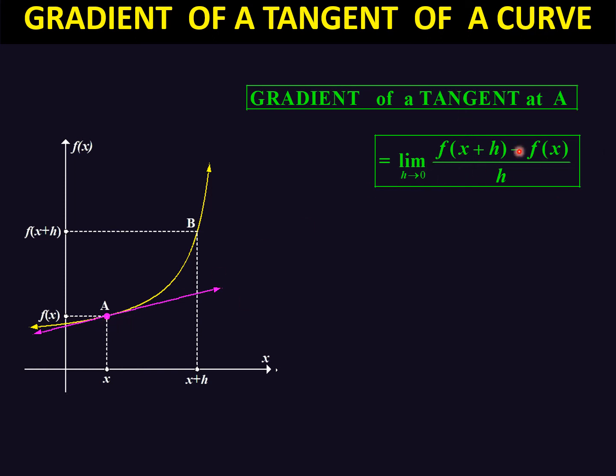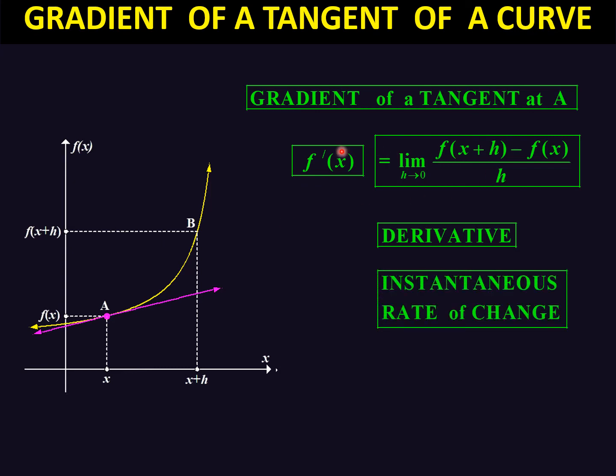Now for this expression, we have a notation that we can use, and we read it as f prime x. That is known as the derivative of the function. This is actually a definition, and this formula here is given to you on your information sheet.